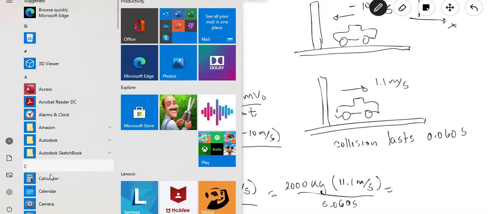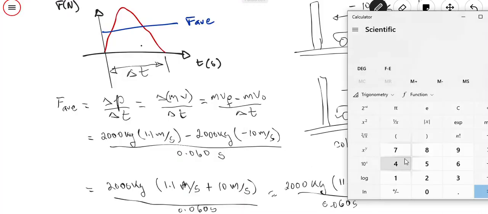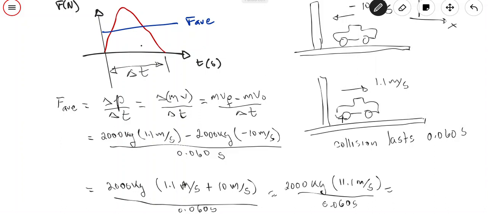So now we're going to multiply 2,000 times 11.1. Let me get my calculator here. 2,000 times 11.1 will be equal to 22,200. So I have 22,200 kilograms meters per second divided by 0.060 seconds.